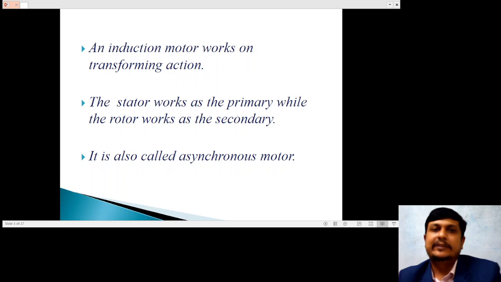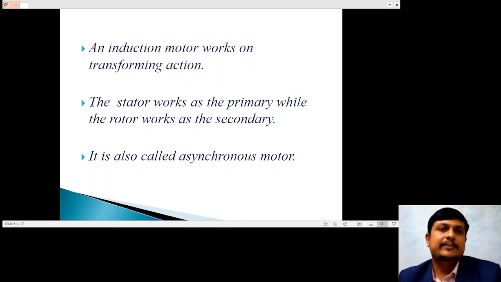The first point written is that an induction motor works on transformer action. What does it mean? If we recall the working principle of transformers, a transformer works on the principle of mutual induction.